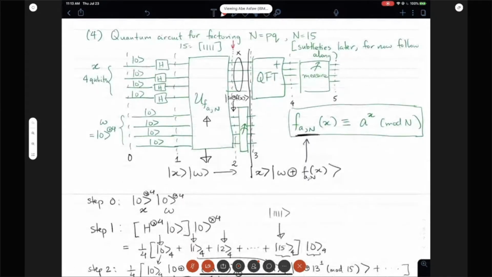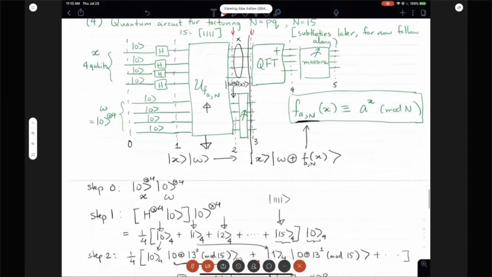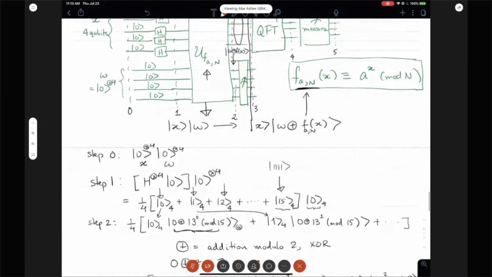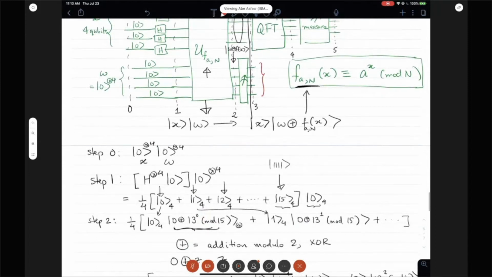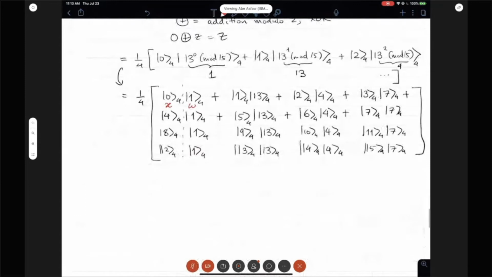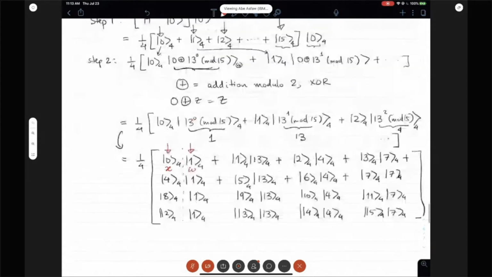Then the protocol tells us to do a measurement of the bottom 4 qubits, the W register, okay? So remember, the ordering here is X is the left one and W is the right one. If you were to measure the state, so let me write down explicitly, step 3, measure the W register.